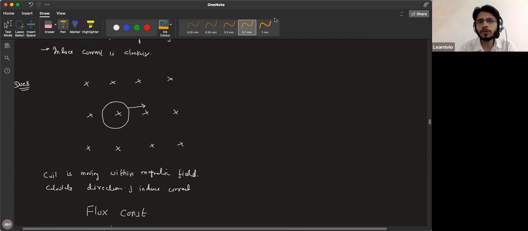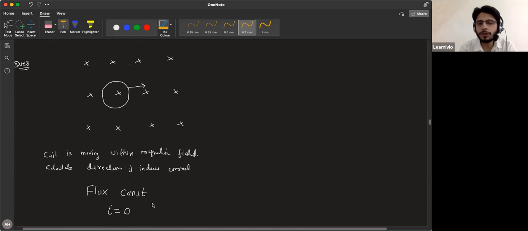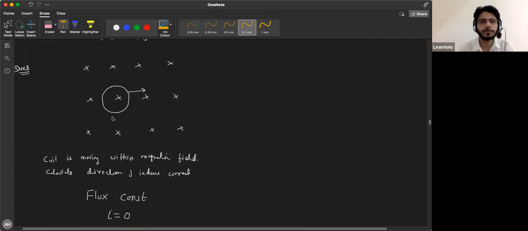So if there is no change in flux, that means flux is constant. There is no induced current. You will have induced current only if the coil enters the magnetic field or goes out of the magnetic field. If the coil is within the magnetic field, that means there is no change in flux. No change in flux means no induced current. Clear, everyone?